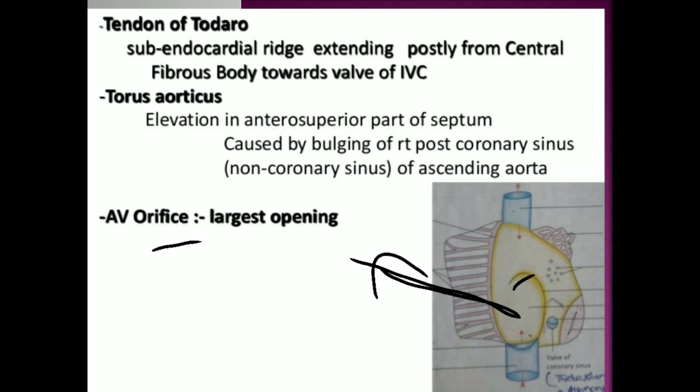After birth, the pressure in the left atrium becomes higher, so that will close the opening in the interatrial septum. This opening is closed immediately after birth.